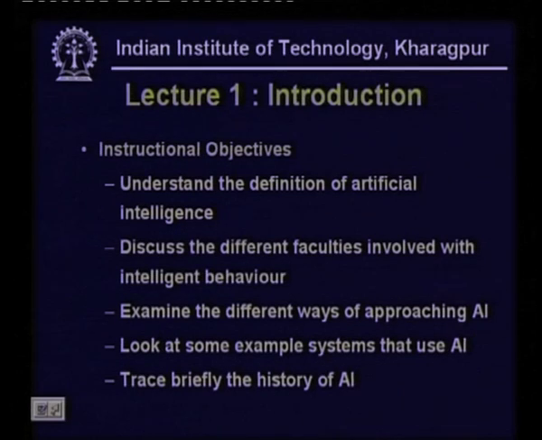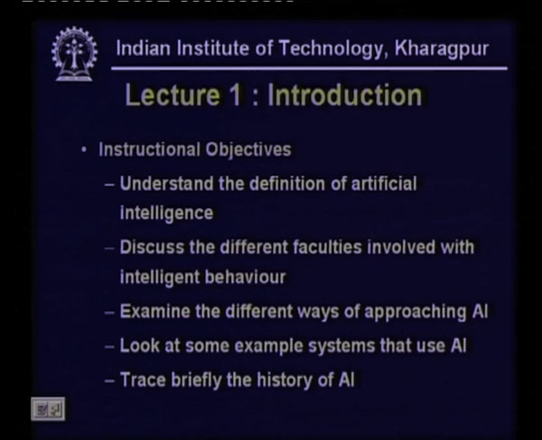Now let's come to the objectives of today's lecture. The instructional objectives of today's lecture are: number one, to understand the definition of artificial intelligence, what artificial intelligence is, what it is about. Secondly, we will be discussing the different faculties that are involved with intelligent behavior, the different components that define intelligence.